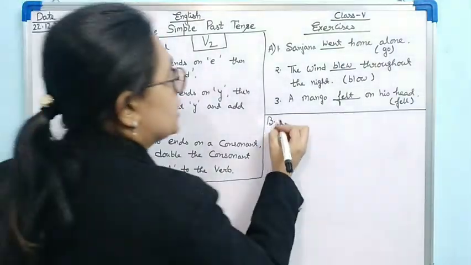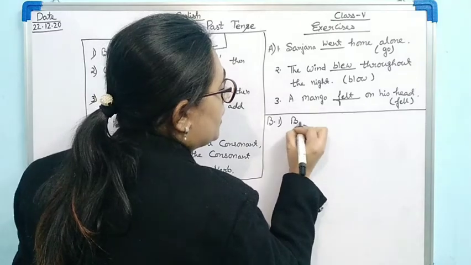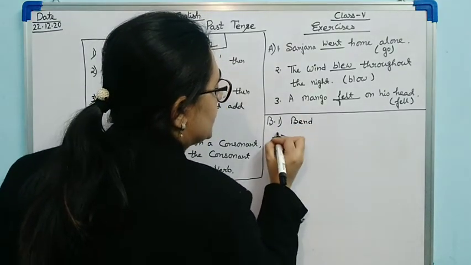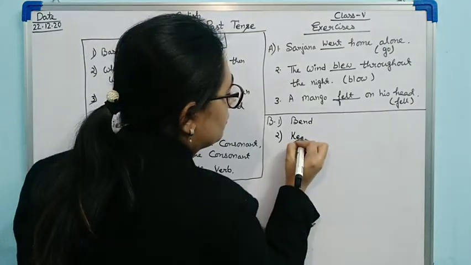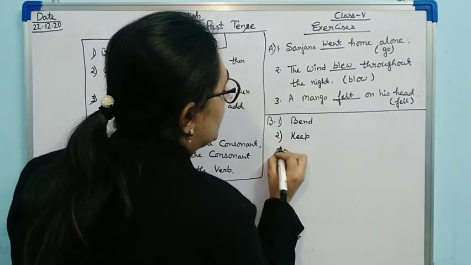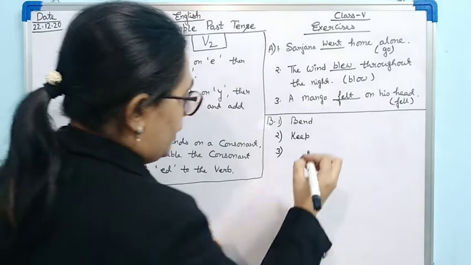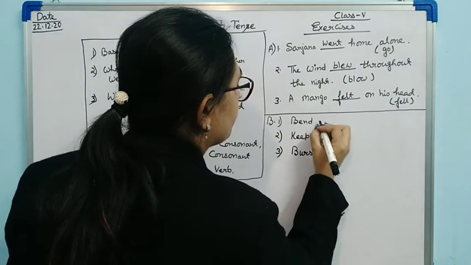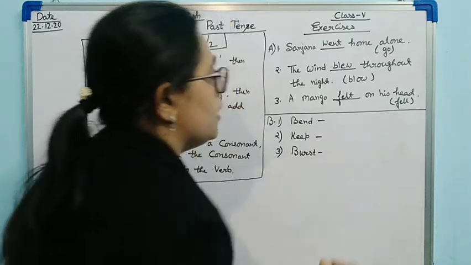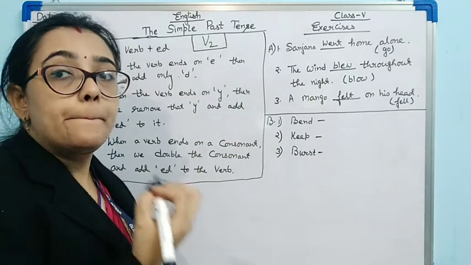Like first one, bend. Second verb is keep. Third verb is burst. Bend, it will be bent.